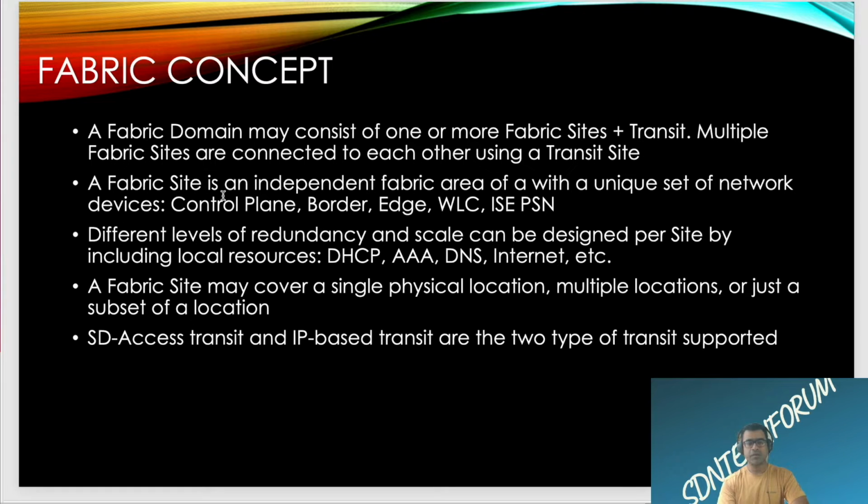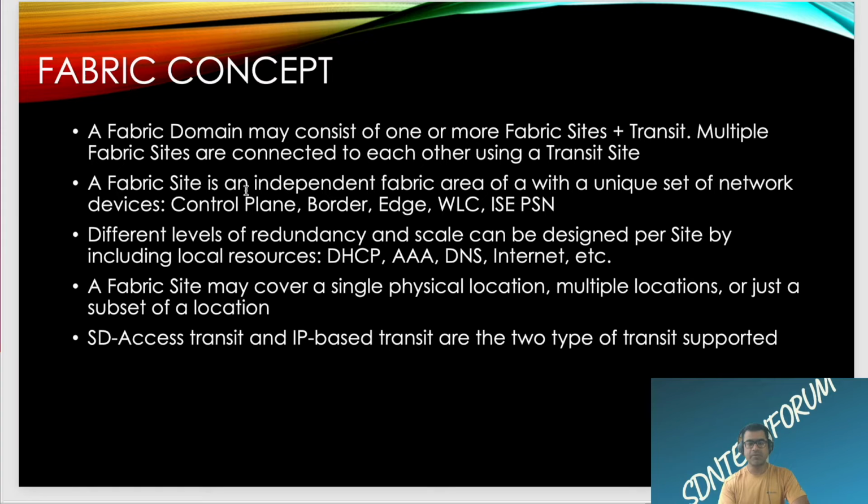A fabric domain may consist of one or more fabric sites plus a transit site. Always make sure that you have at least one transit, because a fabric is self-sufficient, but at the same time you want to reach outside the fabric to access various services, and that is done via transit. Multiple fabric sites are connected to each other using a transit site.